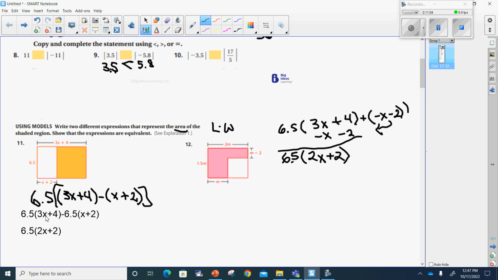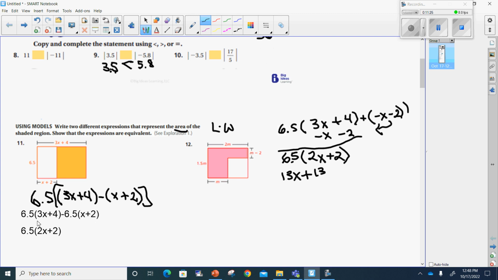If I was to do this one, let's see what happens when I solve this. This will give me 6.5 times 2. That'll give me 13x plus 13.